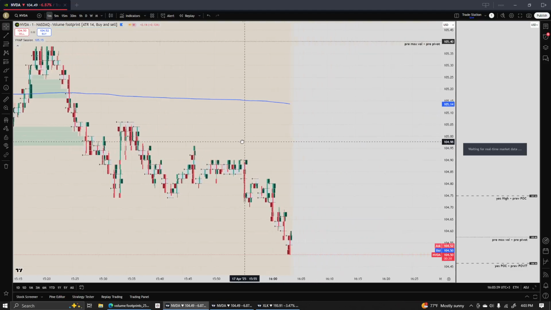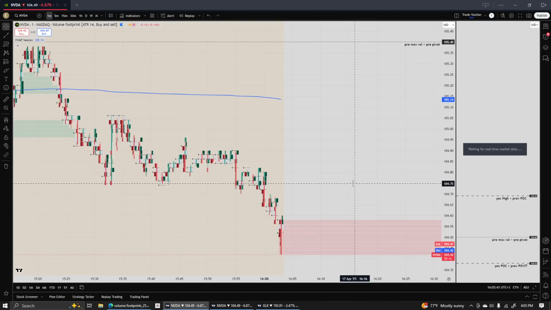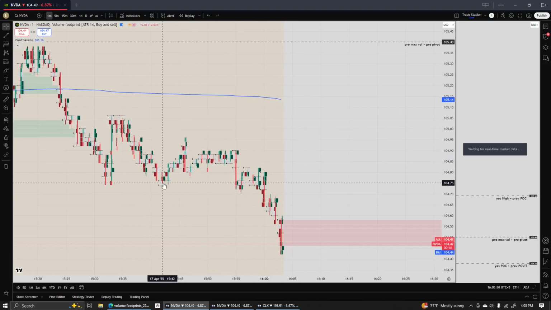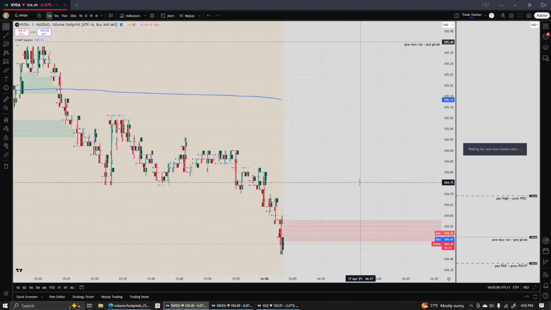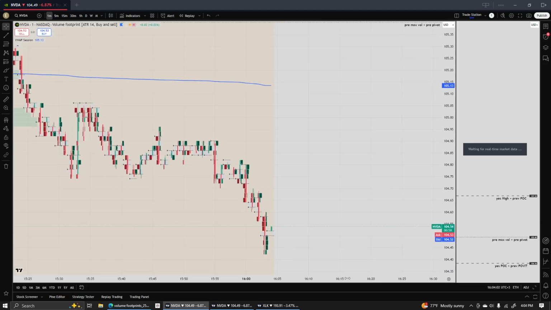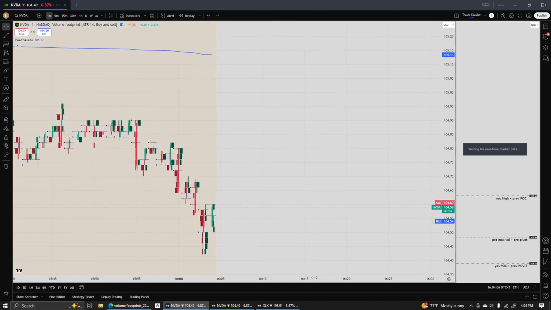What I mean to say is that we are going to be focusing on these levels. These are the levels that are important to us. We are not going to be focusing on the noise, trying to decode every single volume candle that we watch, except for getting some insight, because we do want to know how the market is feeling today and how it's trying to behave.